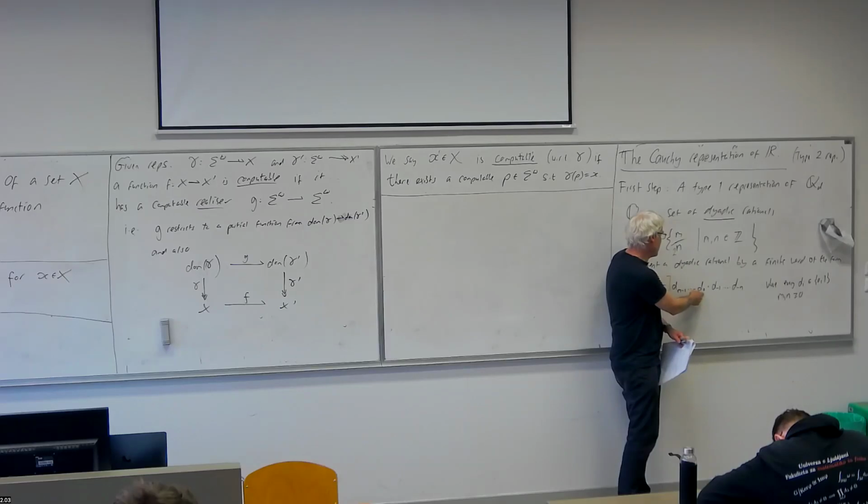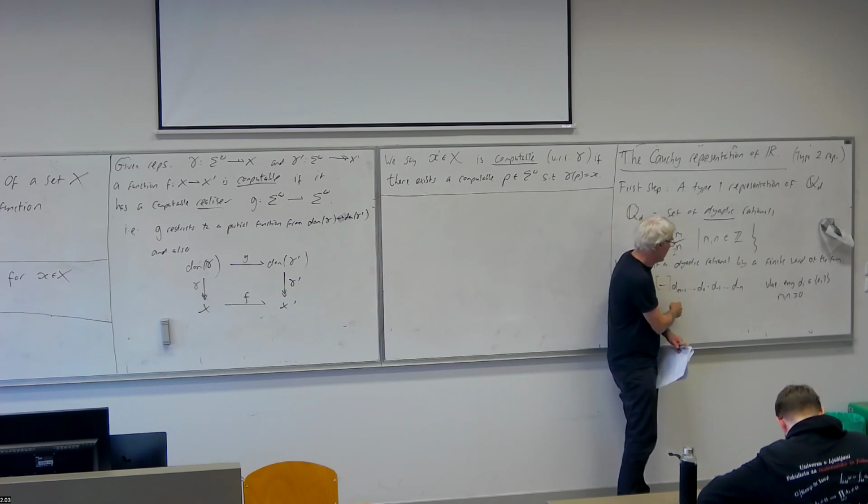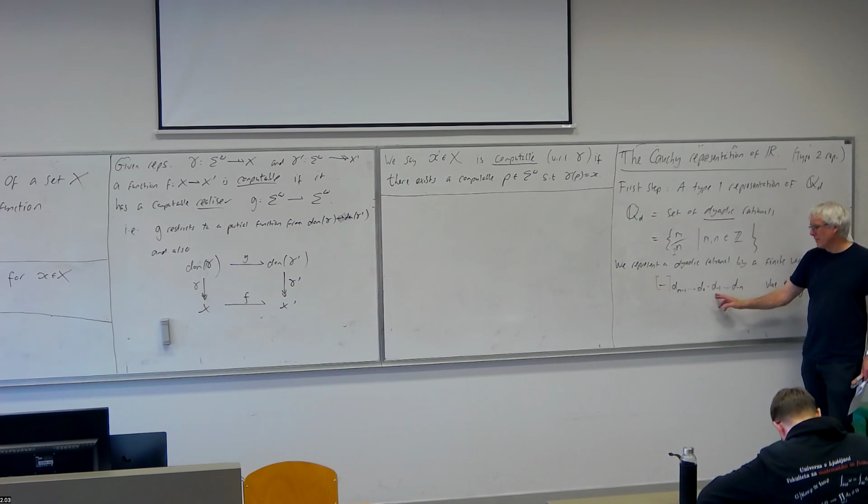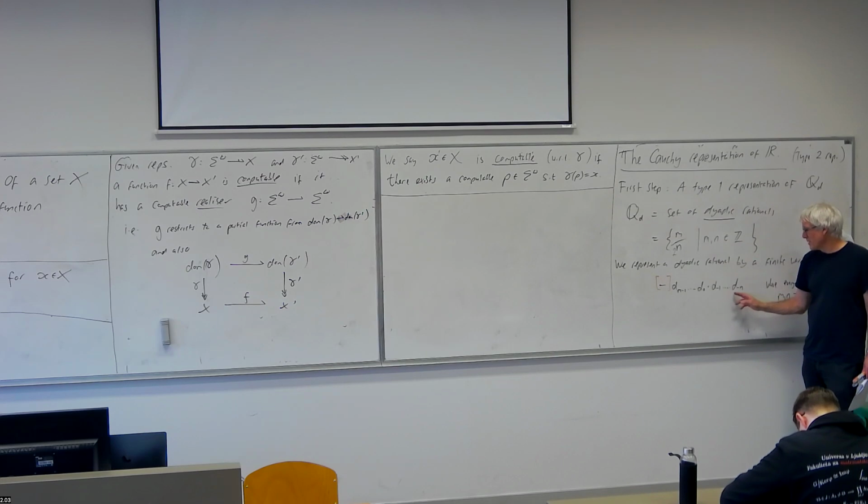So here we have d_0 times 1 plus d_1 times 2, all the way up to d_{m-1} times 2 to the power of m minus 1. And here we're simply going in the other direction, so it's d_{-1} times a half, all the way down to d_{-n} times 1 over 2 to the n, or 2 to the minus n.